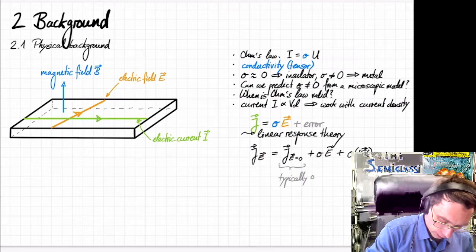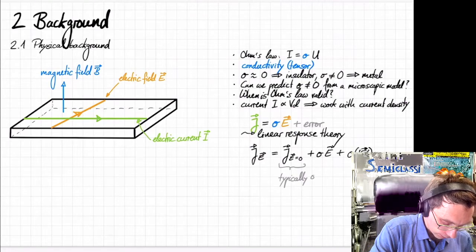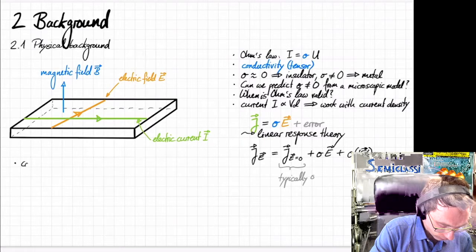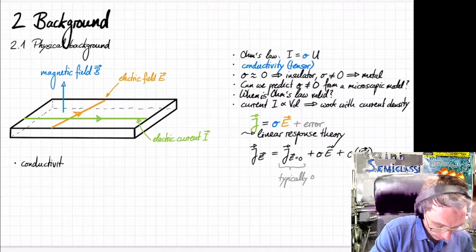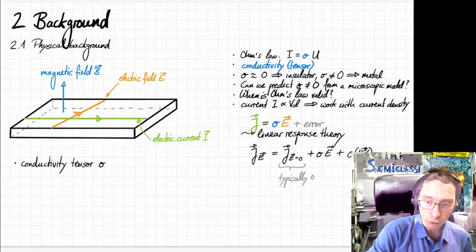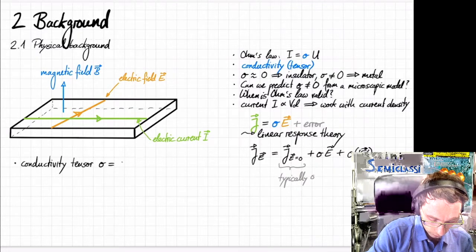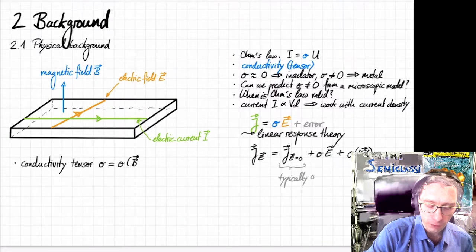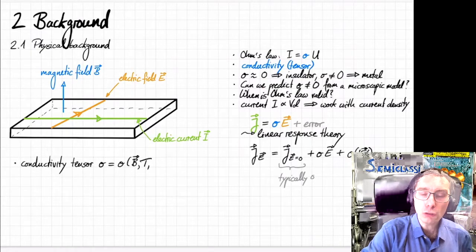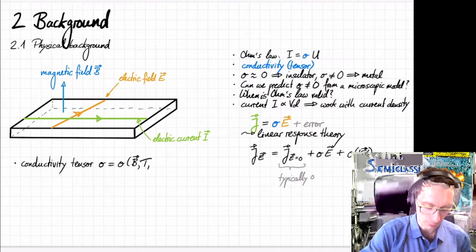So importantly, the conductivity tensor depends on external parameters. For example, the magnetic field B, the temperature, but you can also think of other external parameters.